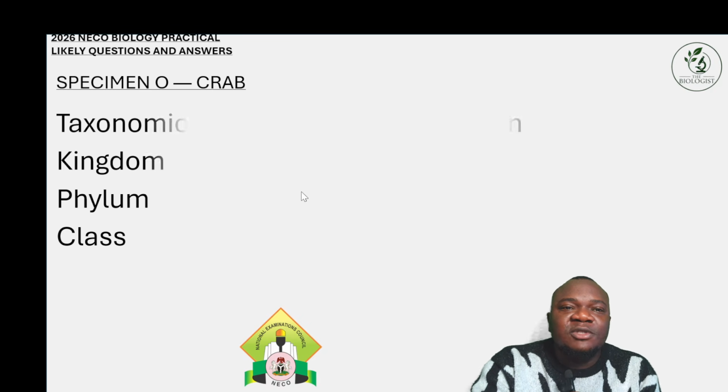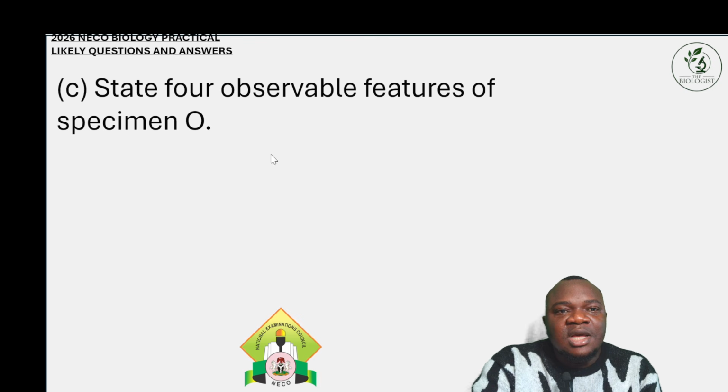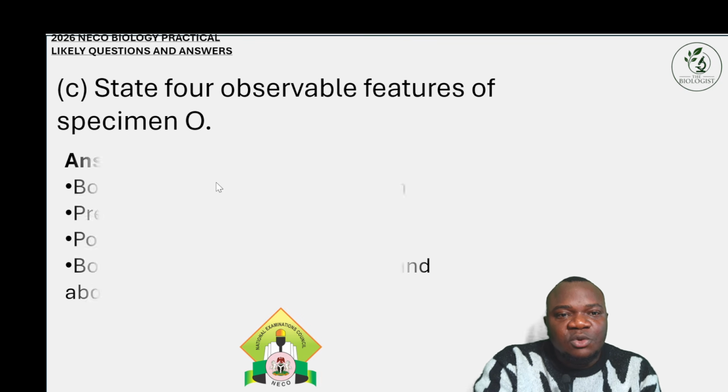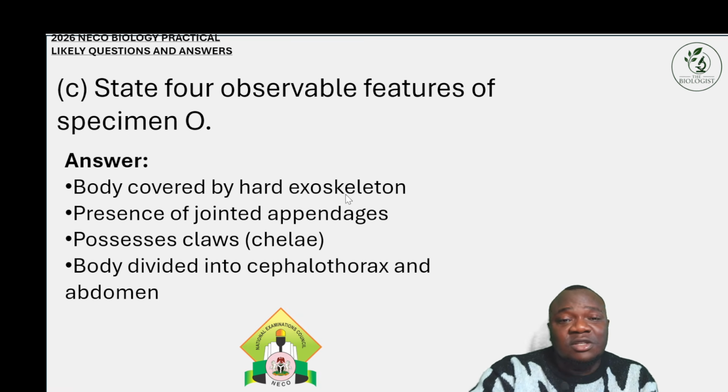All right, so for crabs, specimen O, taxonomy ranking and classification. So kingdom Animalia, phylum Arthropoda, and class Crustacea. Okay, so it's very important to know this classification. And state four features of specimen O. So body covered by hard exoskeleton. They have hard exoskeleton.